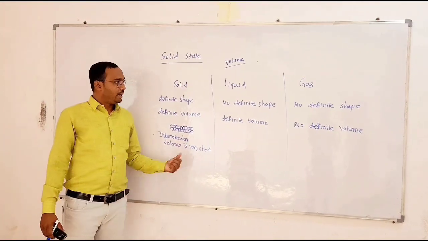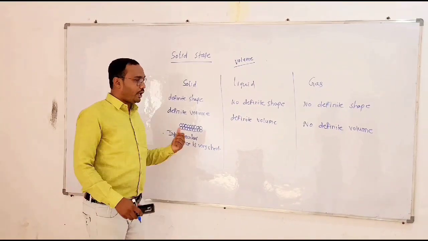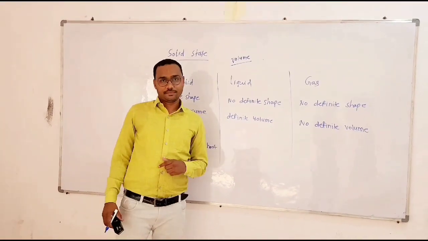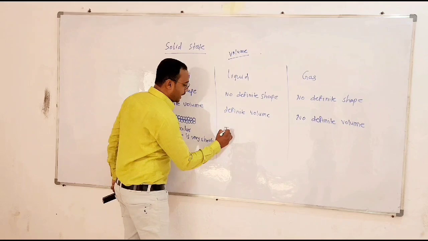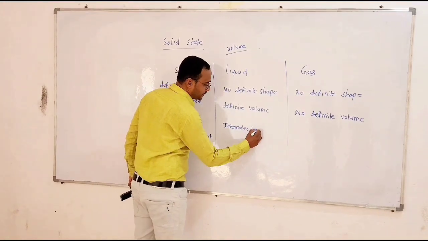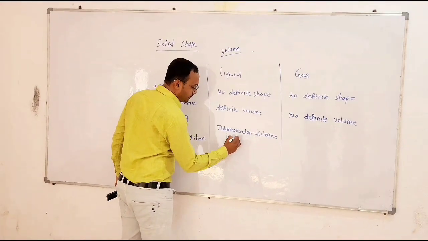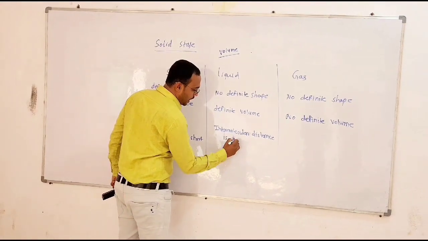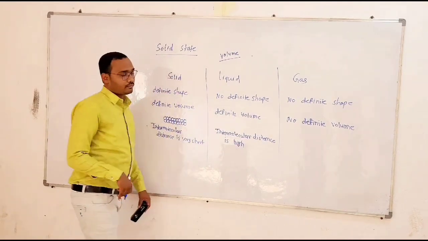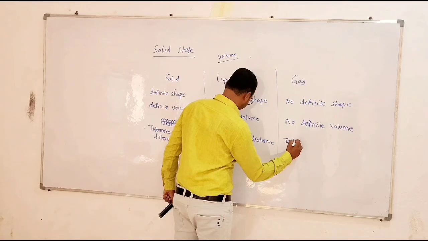But in case of liquid, we observe that in liquid state molecules are continuously in motion. That means the intermolecular distance in a liquid state is high. Also, in a gas state, the same point.